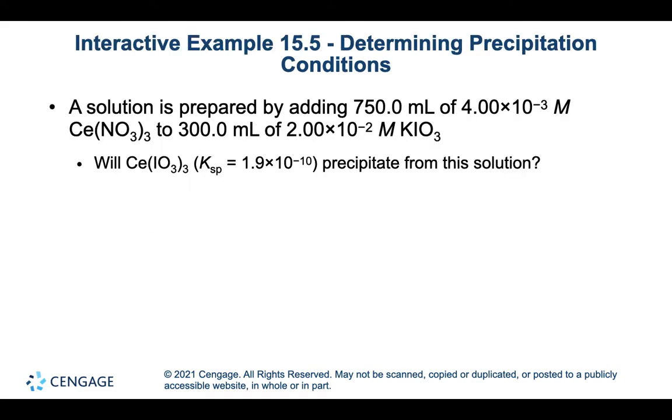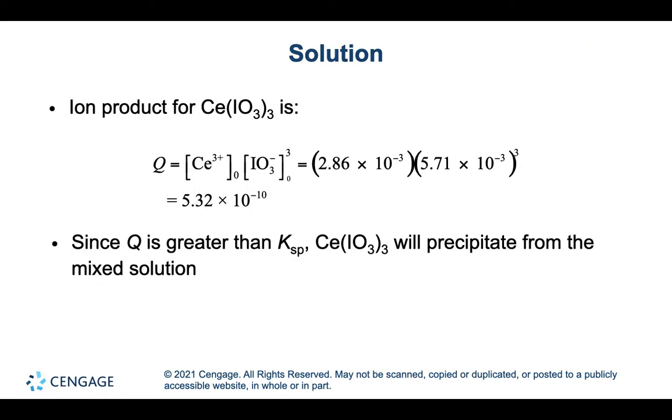When you separate Ce(IO3)3 out, I didn't write out the balanced equation, but you would see that you're going to get one cerium plus 3, and you're going to get 3 IO3 minuses. So since that coefficient is 3, we have to move it to the exponent.